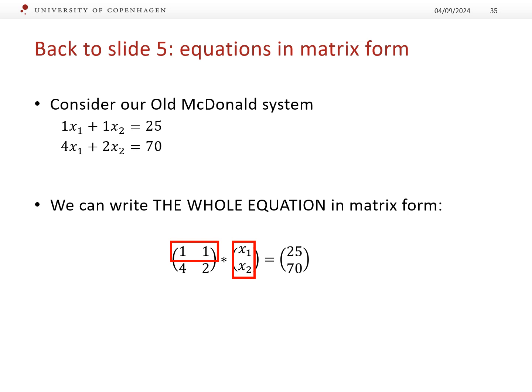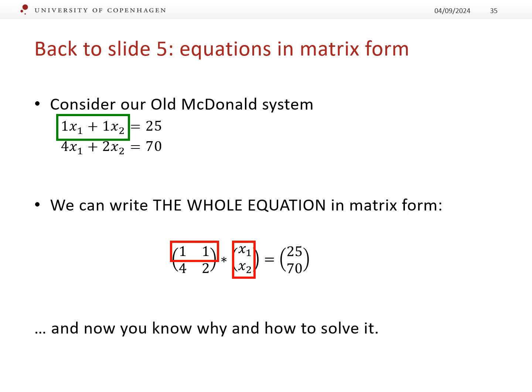That's how matrix multiplication works, and that's exactly what is written up here in green, because the two formats are just different ways of describing the same relationships. And now you know why you write it like that and how to solve it. So let's look at that last part, how to solve it.